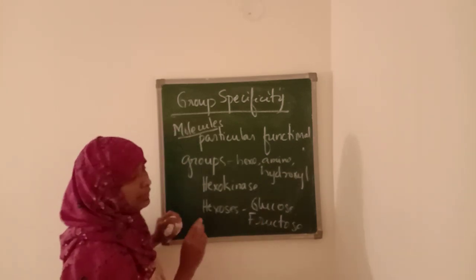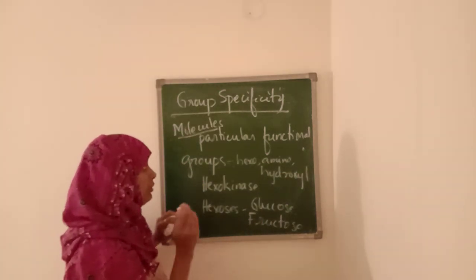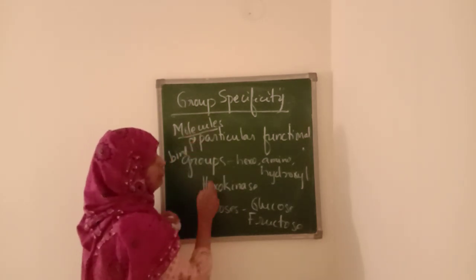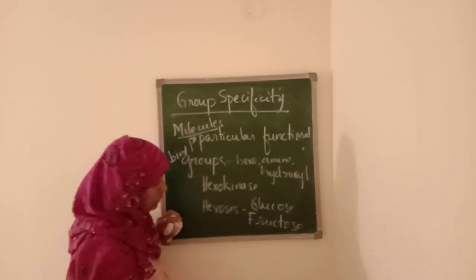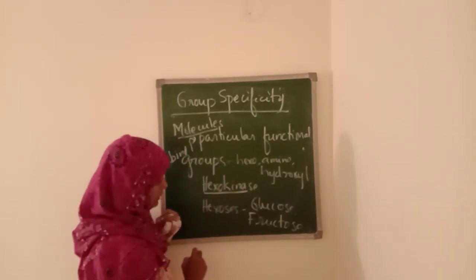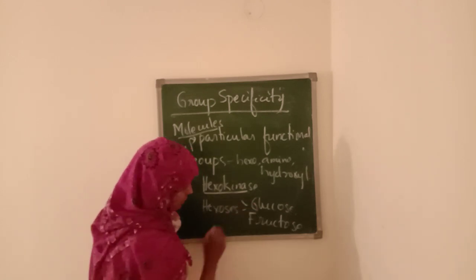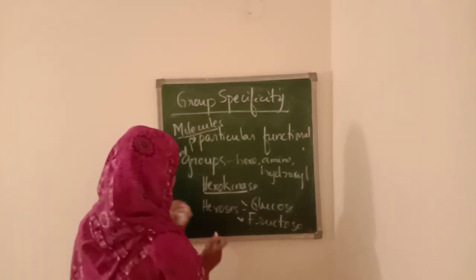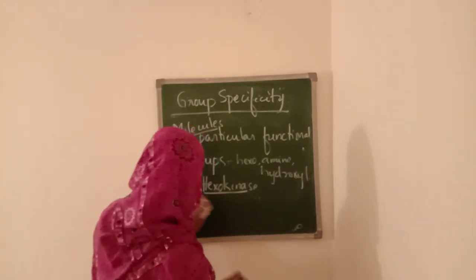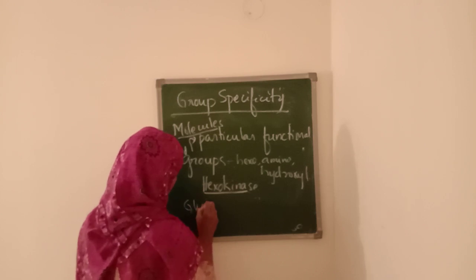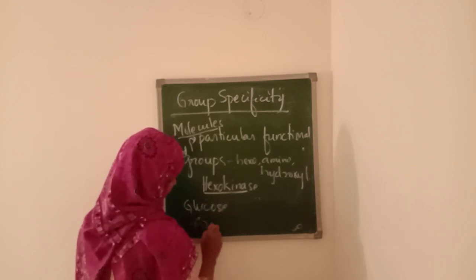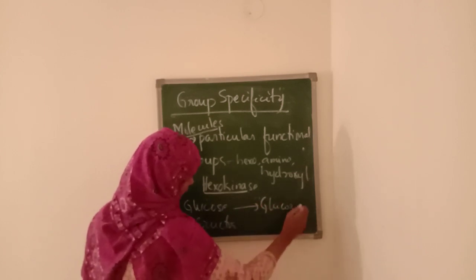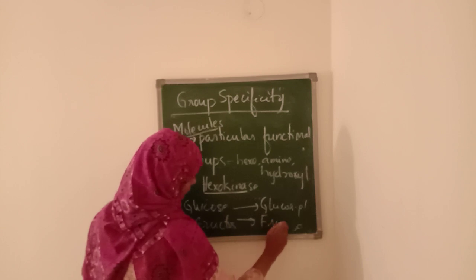In group specificity, the enzymes will bind only to molecules which have a particular functional group. For example, hexokinase can bind to glucose or fructose, and then it will phosphorylate them, converting them into glucose phosphate or fructose phosphate.